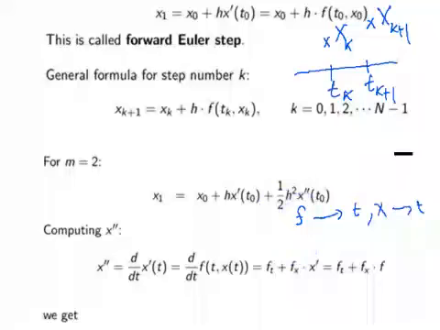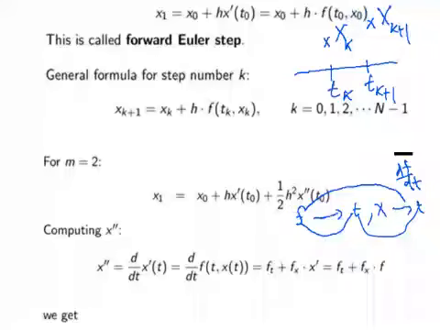Then df by dt, right, is equal to what? The derivative of f with respect to t, and the derivative of t with respect to t, which is 1. That's why you get this.